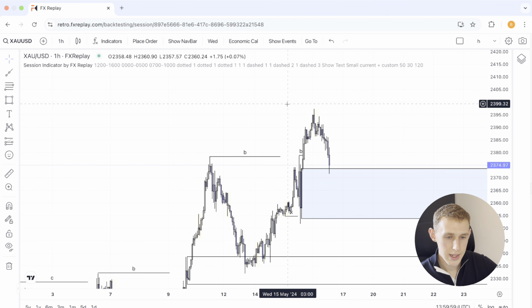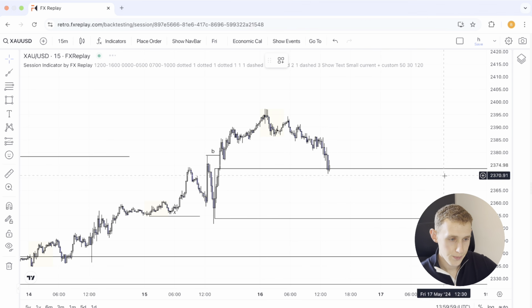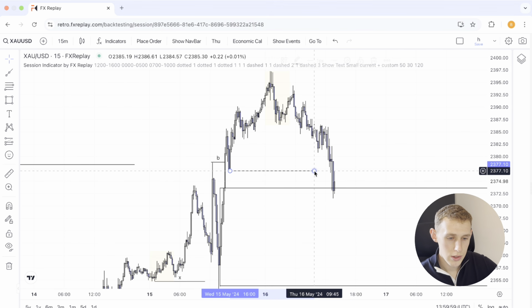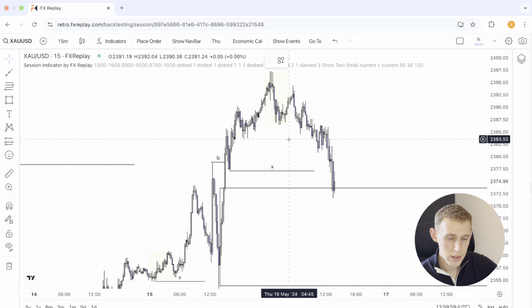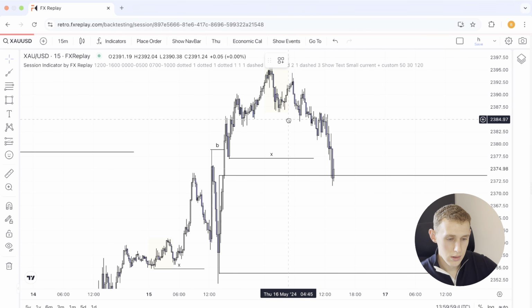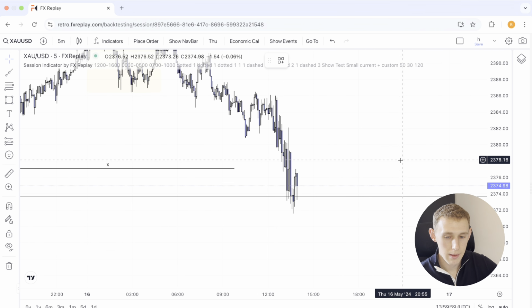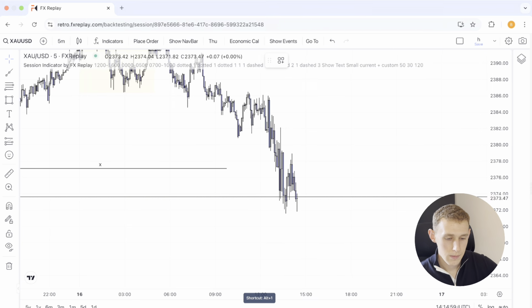Right, there we go. So price has tapped into that hourly demand. Yeah, I'm liking this. It's also swept this low into the imbalance. Quite a big area, but if we can get a confirmation here, then this is a valid trade regardless.